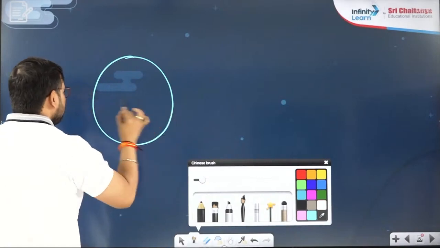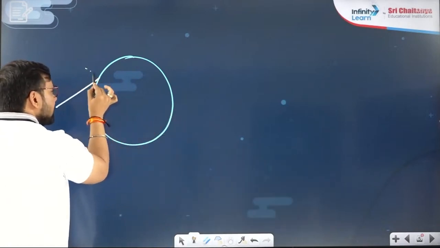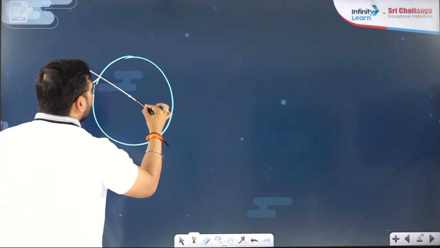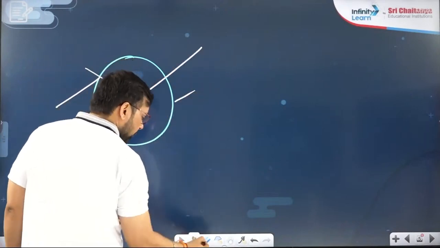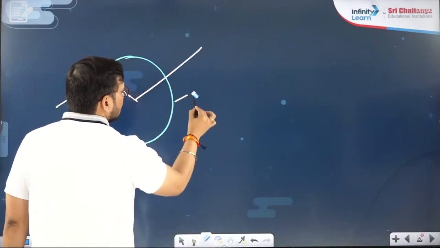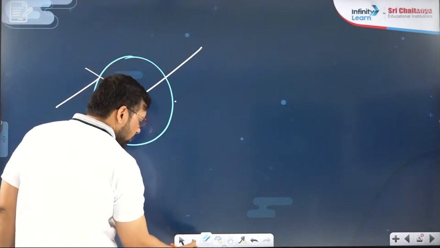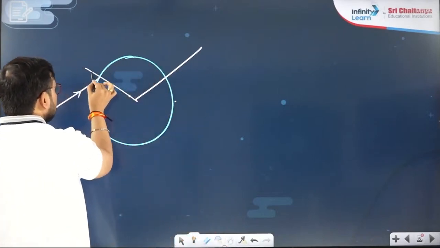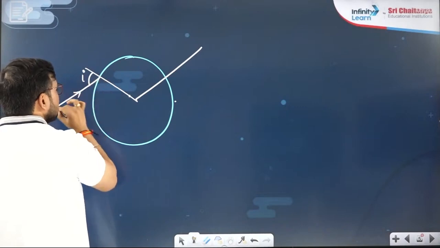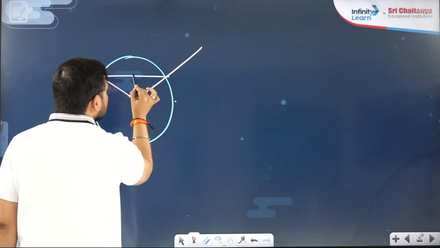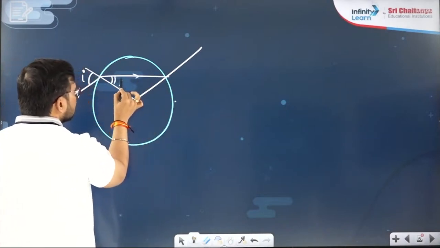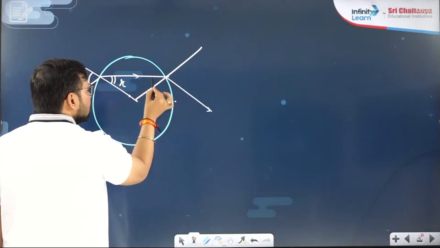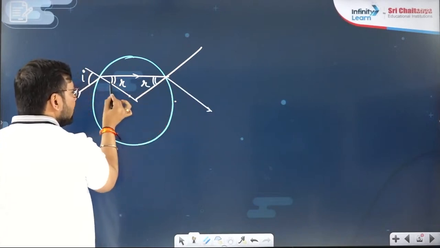Now see one by one. First, be very sure in your mind what you are looking at. You are looking at deviation, so you should know what deviation is. This is the initial light ray going at angle of incidence I, then it goes here with angle of refraction R, and then it goes here with R, and this also R. Why are these two equal?